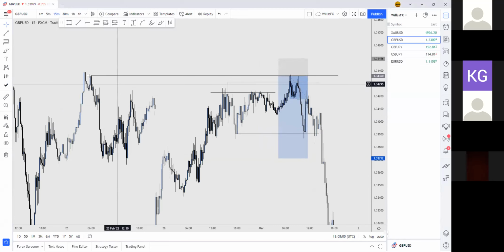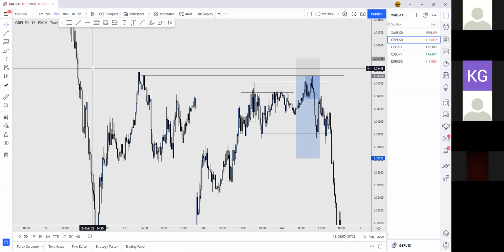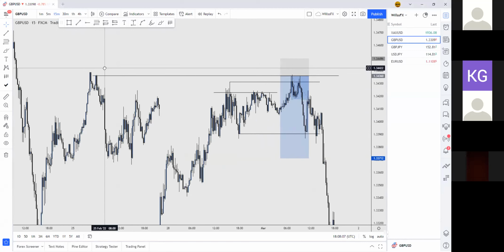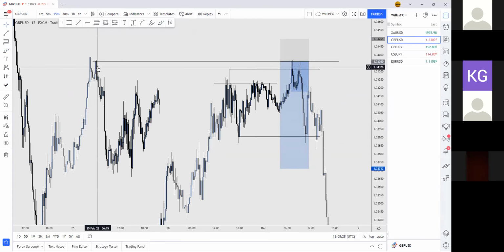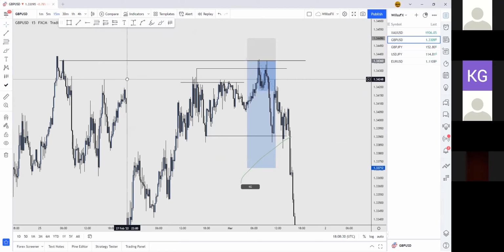We've got this area at the top here, which is obviously untested, but because there's no wick, a lot of the times when it does this and there's no wick, it literally is just manipulation, because price has gone up, and as soon as it's hit that level, it's dropped down again and hasn't tested that level again. So once we actually had this candle here with these two small wicks above it, tiny wicks, but there was something there, this is when I actually drew this level across for price to come into.